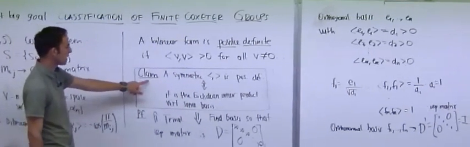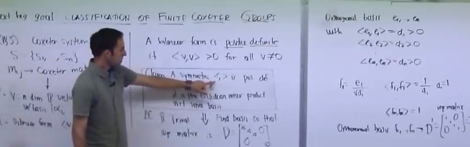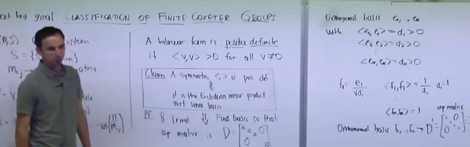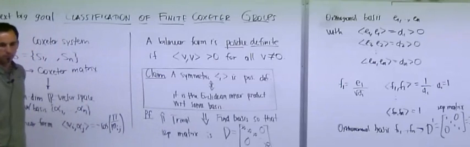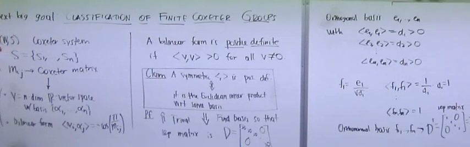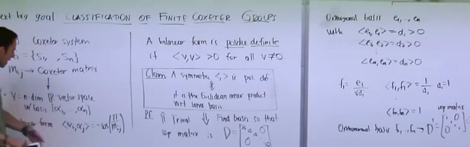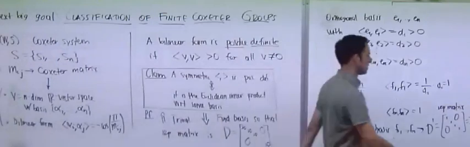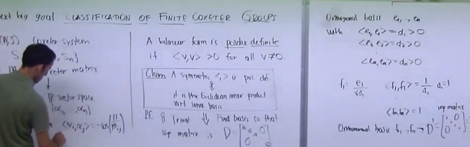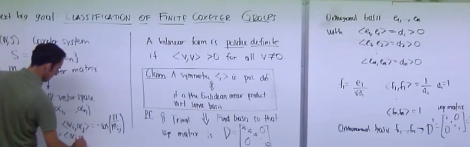And what this claim says also is that if your bilinear form is not symmetric, then we're not saying anything about it. So we're saying basically that all of our finite Coxeter groups will always be symmetric for bilinear forms because they're dot products. But not only that, because by definition, the way that I define my bilinear form was in a symmetric way. I said that the inner product of alpha i and alpha j was defined like this, so that this is equal to also alpha j and alpha i.